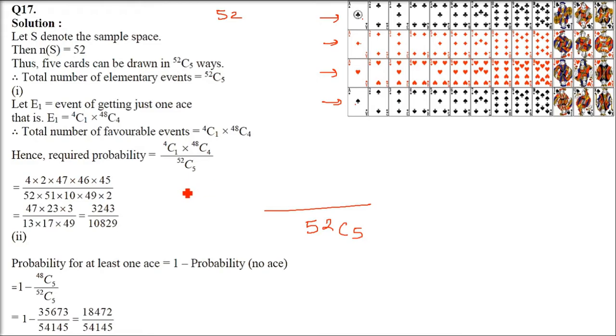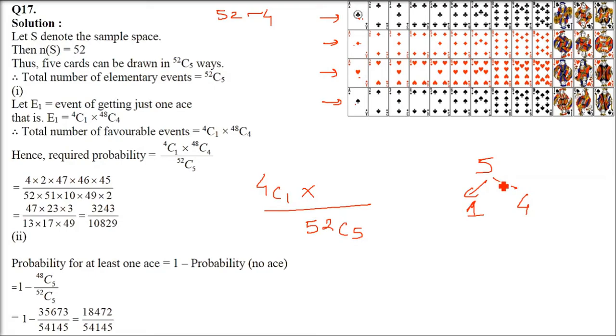Now next one. The numerator. Just one ace. So there are 4 aces. In the 5 cards you are picking up, 4 are aces. 1 can be anything else. There are in 52 cards 4 aces. So 4C1 is the way you can take one ace out of these 4.